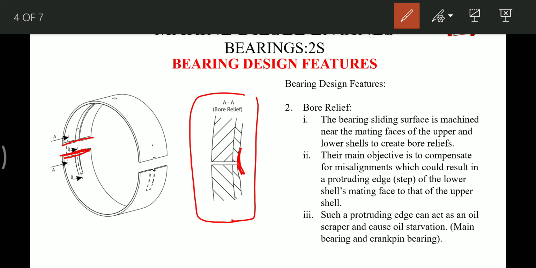So if this bore relief is not there, then the edge which is formed due to misalignment can act as an oil scraper. So it will disturb the lubrication of the bearing. So bore relief is provided. Such a protruding edge can act as an oil scraper and cause oil starvation.